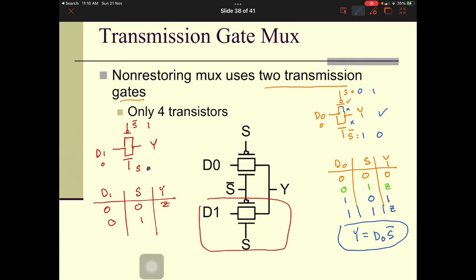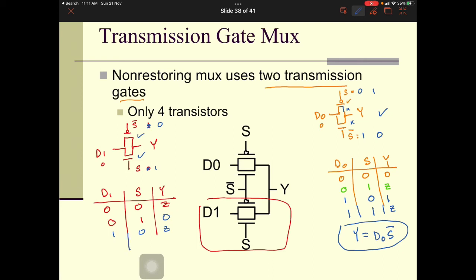So if the reverse, if D is 0 and S equals to 1, so now here S equals to 1 and S bar will equal to 0. As you can see, this transistor is now on, the NMOS will be on, and the PMOS will also be on. So Y will follow D1. In this case, D1 is 0, so you get 0. So if you have a different input, the next part of the truth table, 1, 0, this will obtain a Z because the S is off.